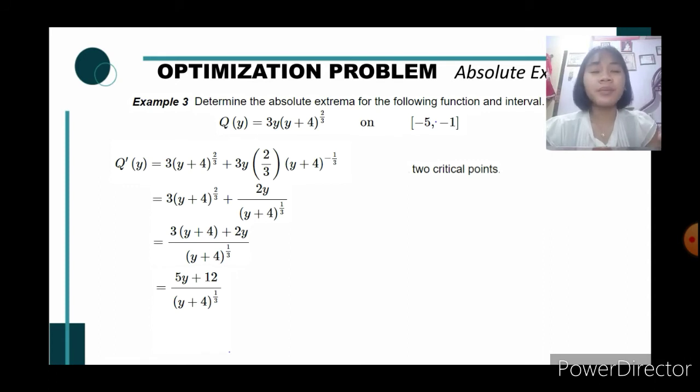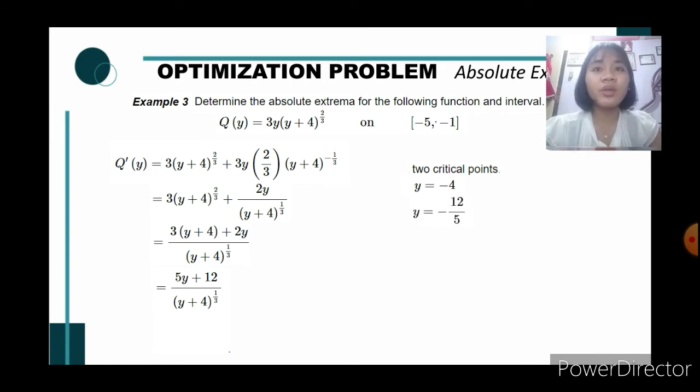Then, magkakaroon na tayo ng 2 critical points dun sa na-solve natin. Ang critical point na una is y is equal to negative 4. Bakit y is equal to negative 4? Because the derivative doesn't exist here.